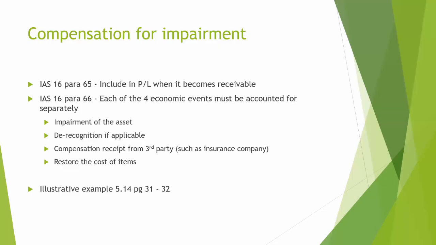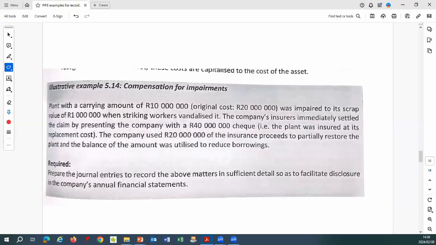And this is then indicated in our illustrative example 5.14, which is on page 31 to 32. Okay, so 5.14, go back to our highlighter. We have a plant that was worth 10 million. It originally cost 20 million.